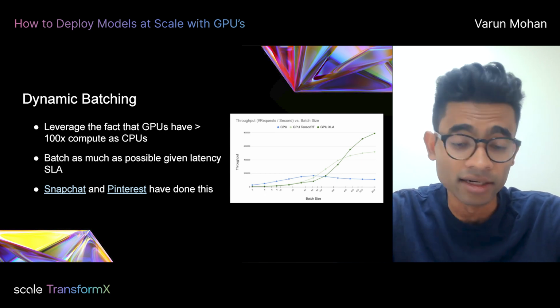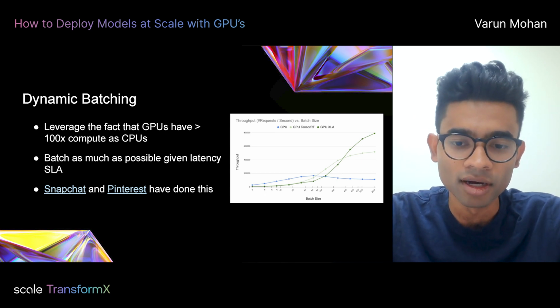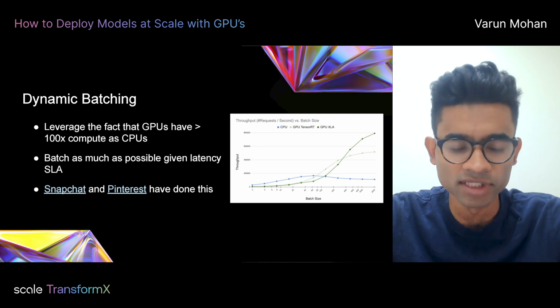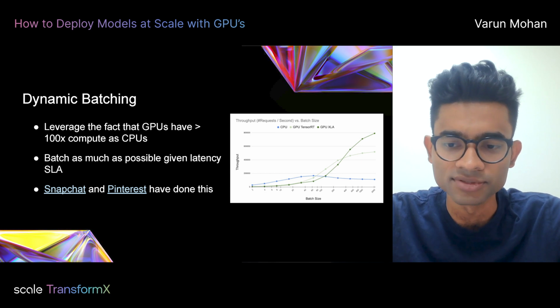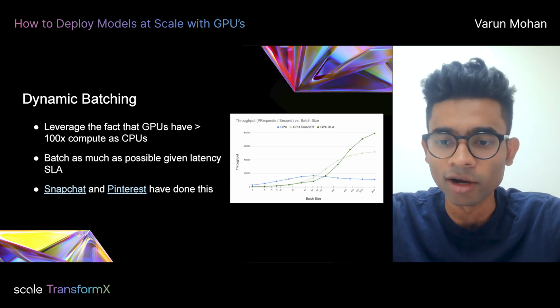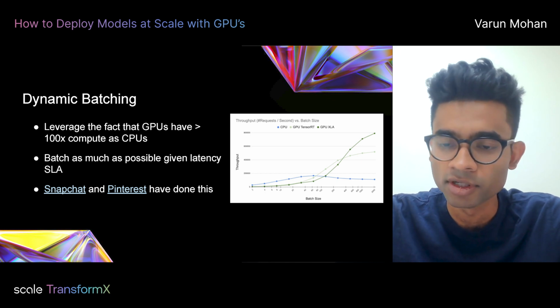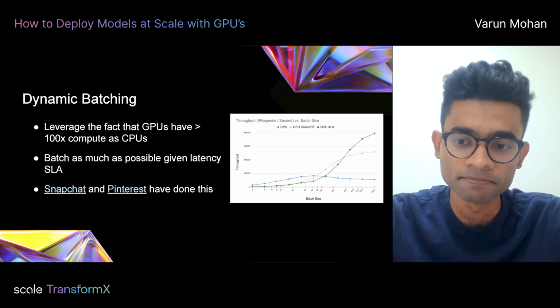And a completely unoptimized model could make it more efficient to run on CPUs. Looking at some of the results that Roblox had running models on CPUs, potentially if they had optimized the model, it might have made more sense to run on GPUs. But it does take work and some level of expertise.